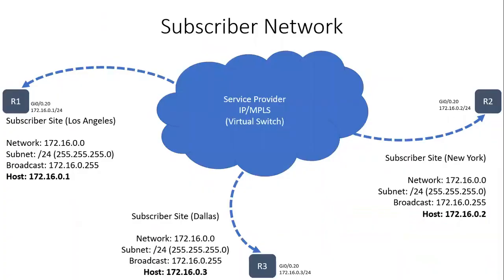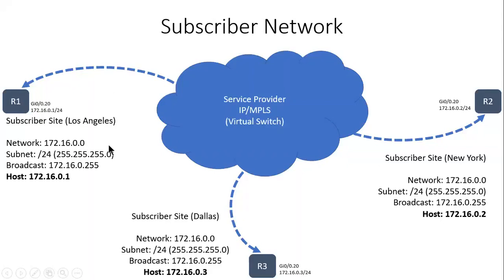And here's what our subscriber network is going to look like. We have a subscriber site R1 in Los Angeles, a subscriber site R2 in New York, and a subscriber site R3 in Dallas. Each of these subscriber sites is going to be on the same Ethernet segment. So the network address for all three is going to be 172.16.0.0.